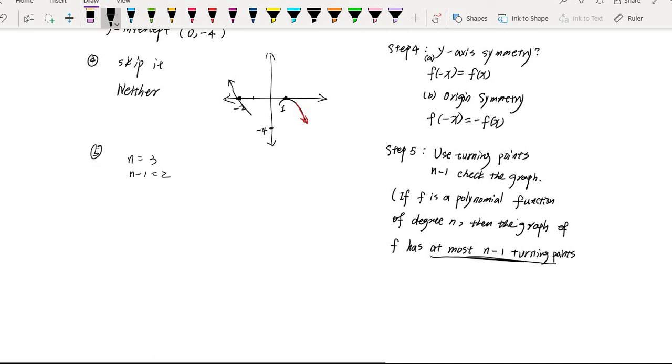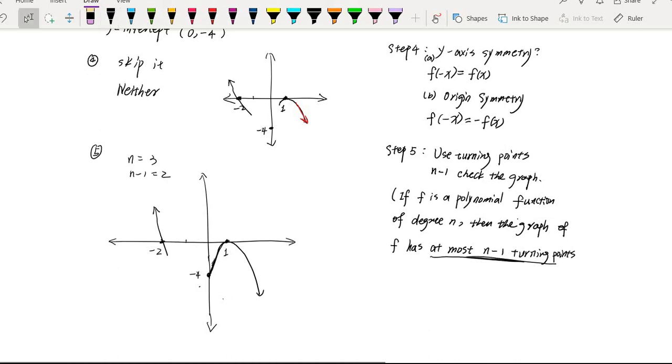Let's make it a little bit nicer right here. So here is what we got from our information, right? We know the 2 turning points, we know the x-intercepts and y-intercept. The only part we don't know is what is happening from here to here. Because we're doing it by hand, you can actually plug in some extra points, such as negative 1.